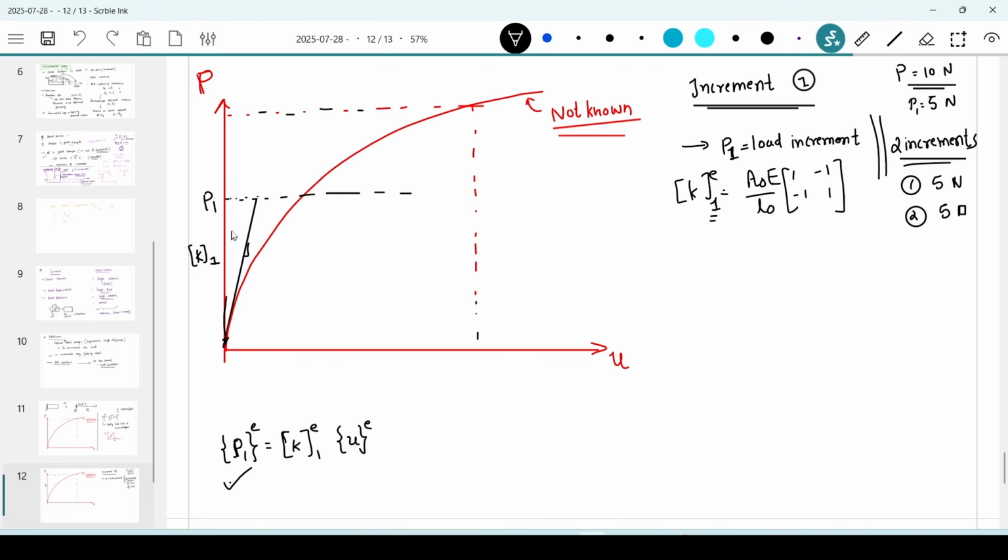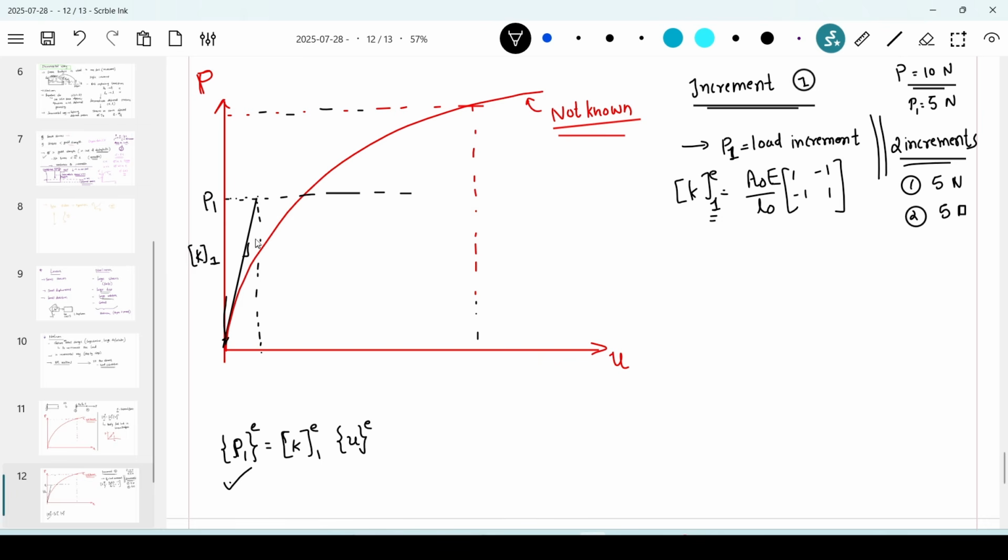So the load is given, that is input, and K is known from the undeformed position. From this and this, I know the slope and the y-axis value, so I can find this delta in the x-axis. Let's take this as u1. We can find our displacements from this, solving for U.